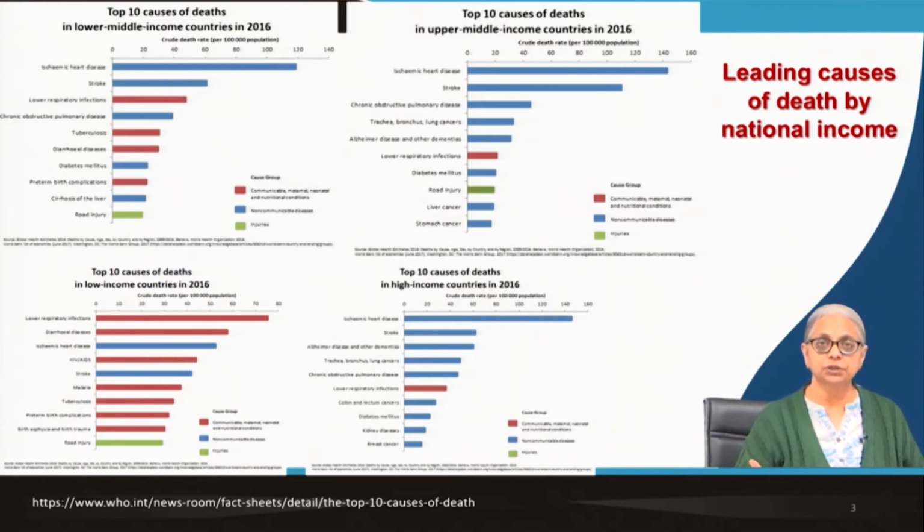When I say infrastructure is lacking, what I mean is clean water supply, good sanitation, good drainage systems. These are the things that help to avoid morbidity and mortality due to pathogenic microorganisms.